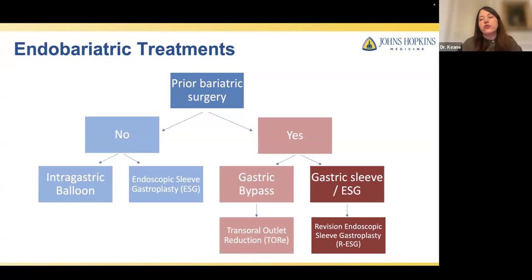If you've had surgery before for weight loss, I ask you a little bit more about what type of surgery you've had. And if it's a gastric bypass, you may be eligible for something called the transoral outlet reduction procedure, or the TOR procedure for short. If you've had a gastric sleeve previously, or indeed an ESG and regained weight, I will talk to you about a revision endoscopic sleeve gastroplasty.